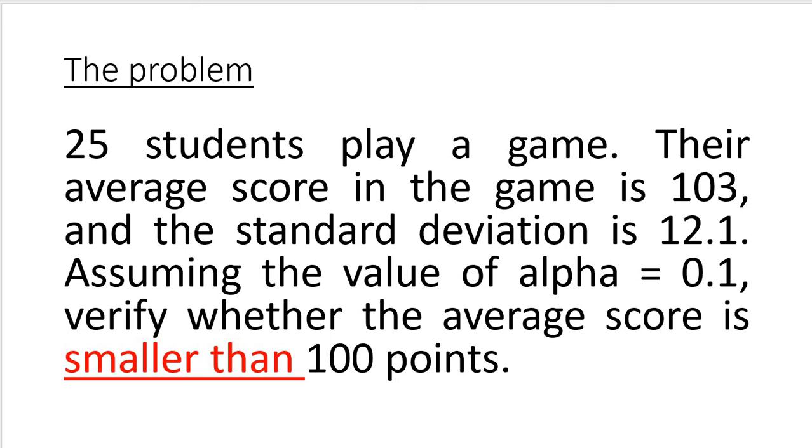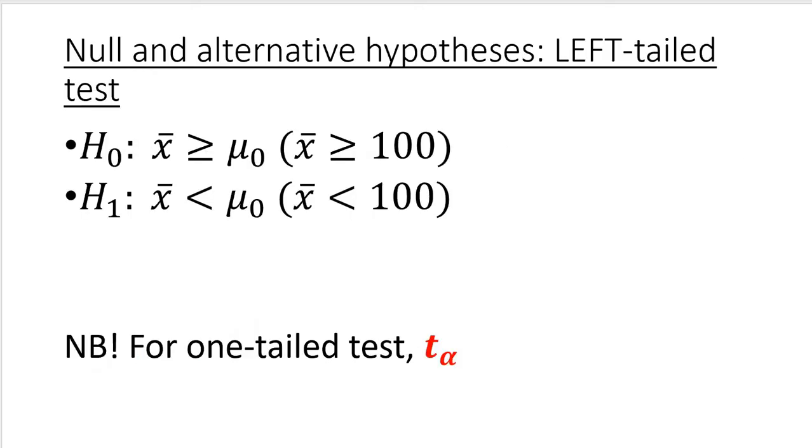Okay, so as before, we formulate the null and the alternative hypothesis. Here our alternative hypothesis, or hypothesis of interest, states that x bar is smaller than 100, and the null hypothesis, the complementary one, states that x bar is bigger than or equal to 100.